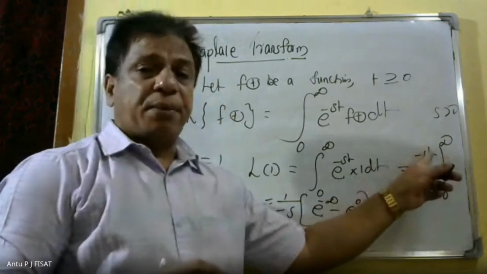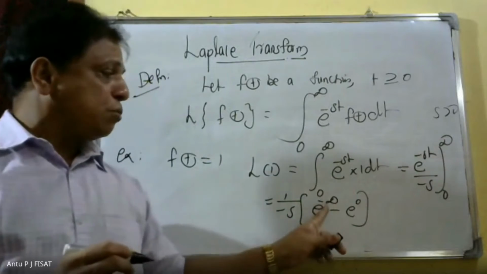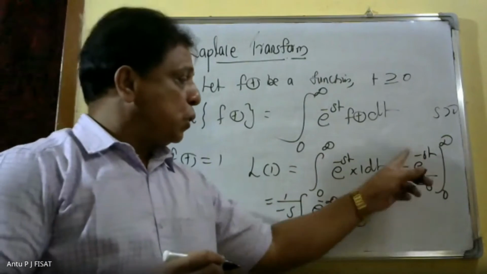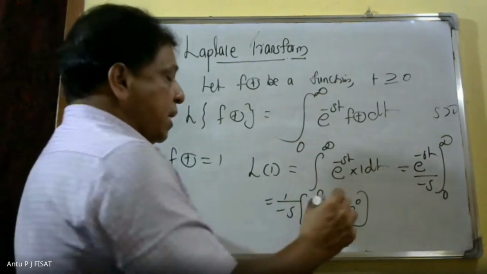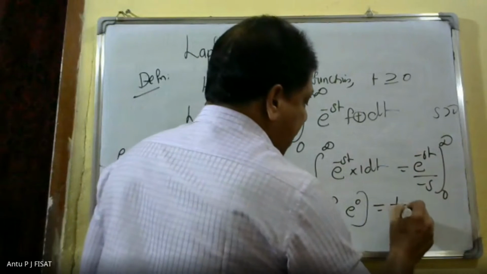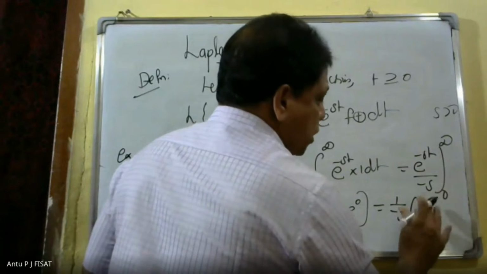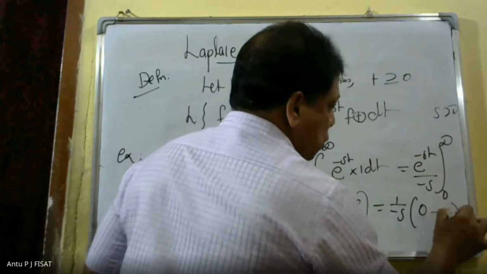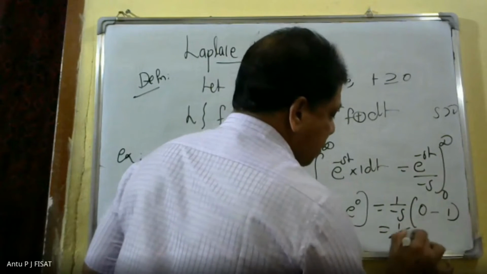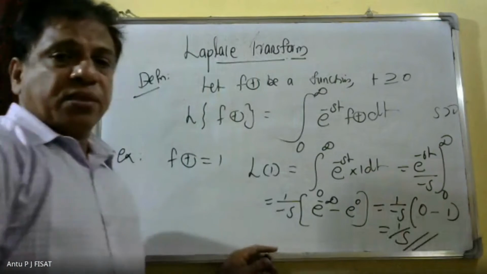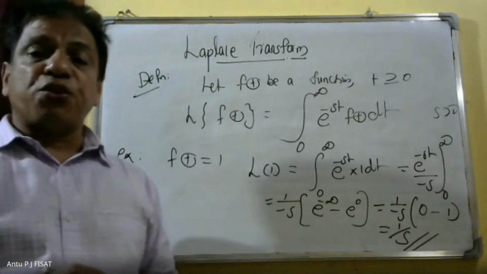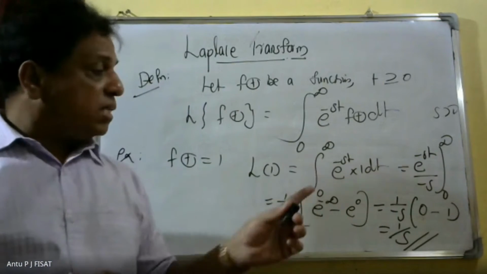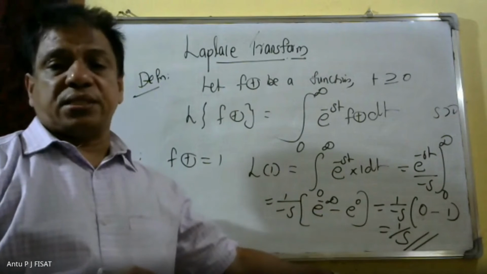Applying the upper limit, infinity, we get e raised to minus infinity. Lower limit 0, we get e raised to 0. The value of e raised to minus infinity is 0, and e raised to 0 is 1. Therefore, the Laplace transform of the function 1 is equal to 1 by s.